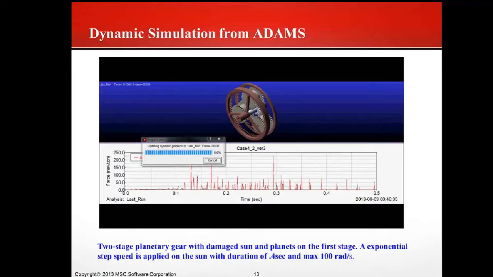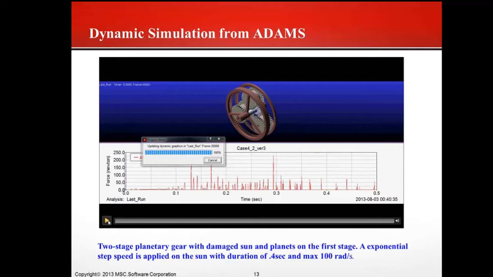Now this is a typical Adams simulation result. Here is a time domain response. Of course, in Adams, we convert that in the post-processing. If you go to the plot, it will show a convert-to-FFT plot, because usually industry uses FFT.